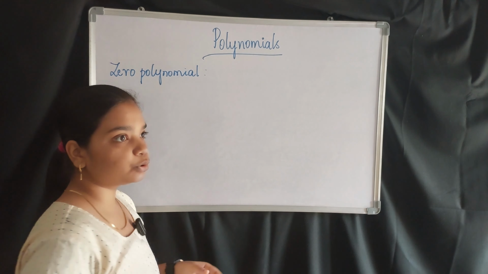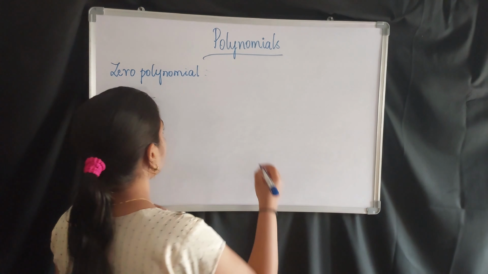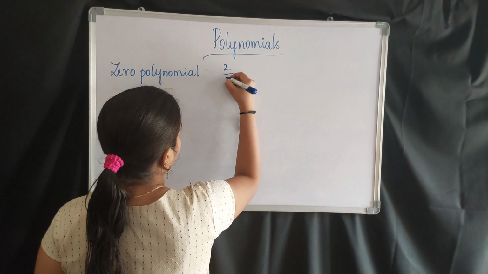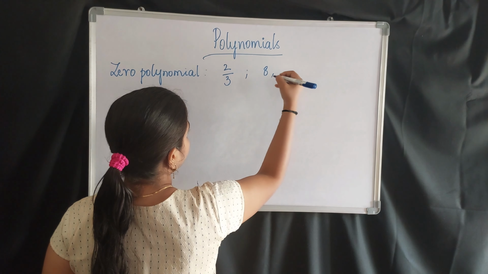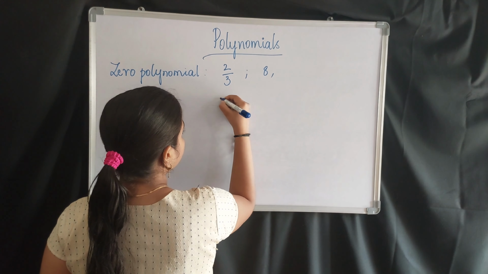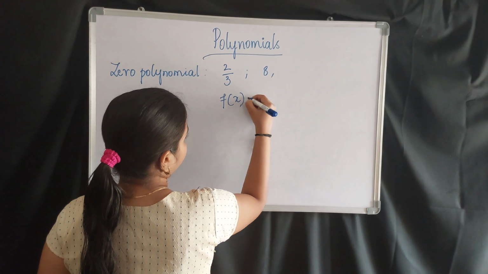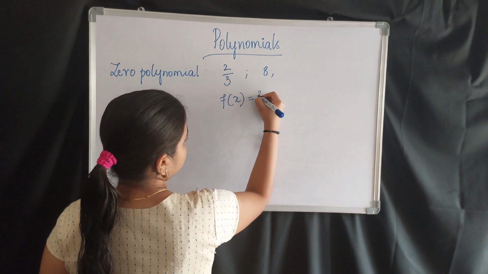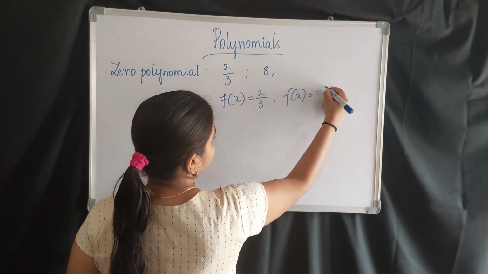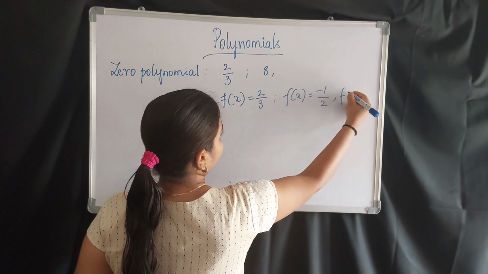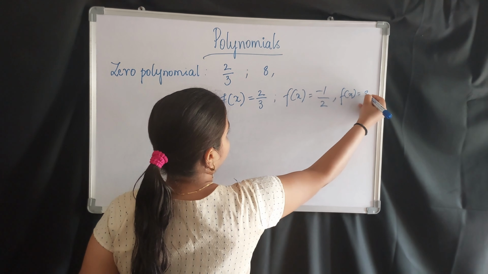I would like to take 2 by 3, 8, or if I tell f of x is equal to 2 by 3, f of x is equal to minus 1 by 2, f of x is equal to 8.